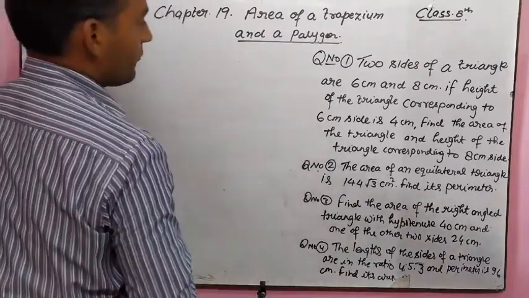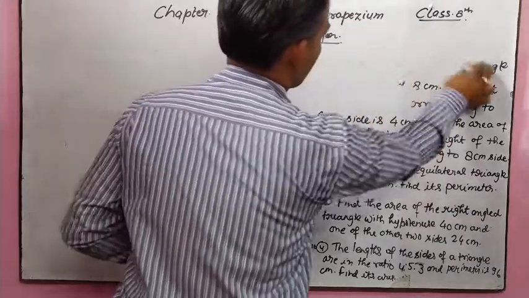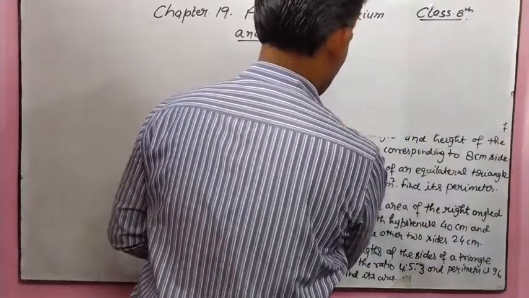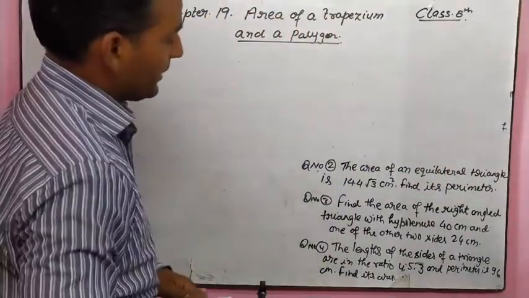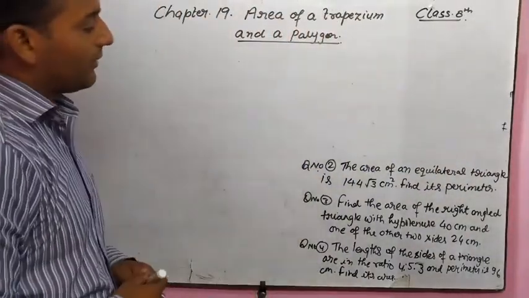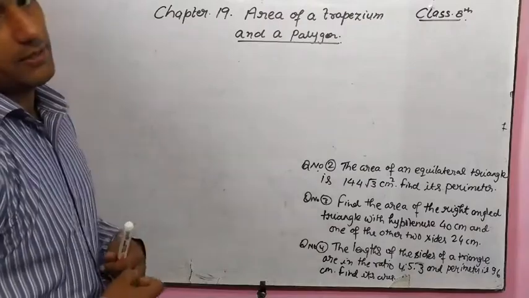Second question is, first one as we have done, I can erase. Yes. Now second question is, the area of an equilateral triangle is 144 root 3 centimeter square.